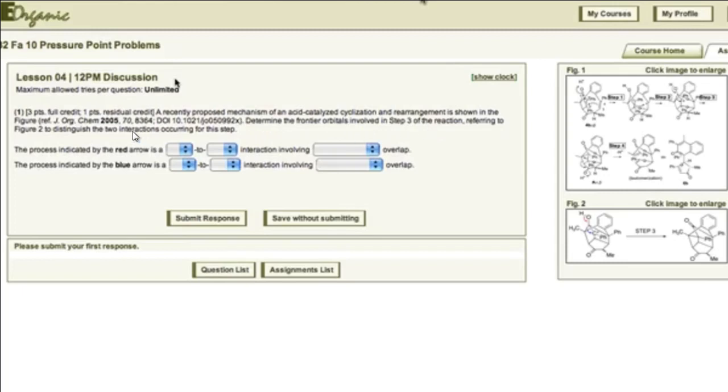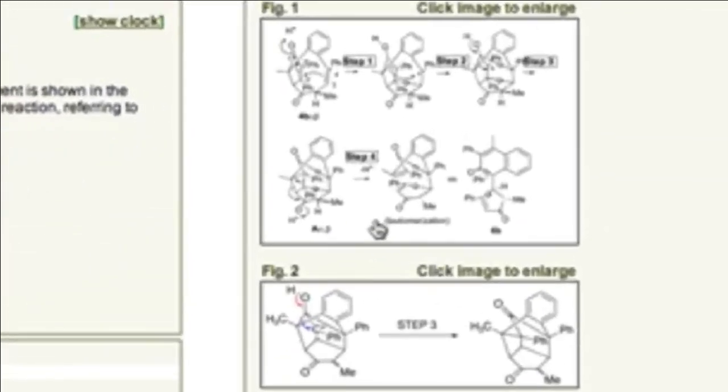And there's a figure. So really it's good to focus on what you're looking for, and I believe the student is also going over to the figures to see what the governing FMO analysis is.